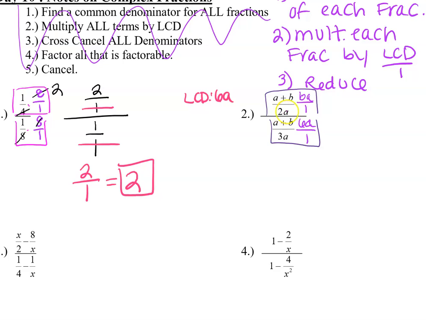In the top box, I can cancel the 2 with the 6 and get a 3. I can cancel the a's. This leaves me with 3 times a plus b, all over. In the bottom, I can cancel the a's. I can cancel the 3 with the 6 and get a 2. Leaves me with 2 times a plus b. The a plus b's cancel, and that leaves me with 3 halves.